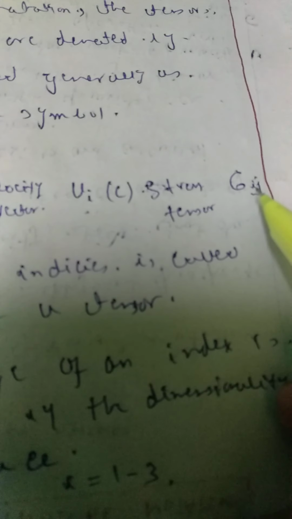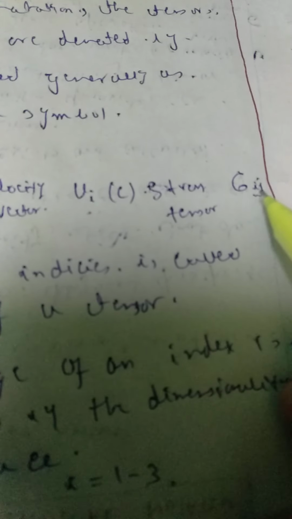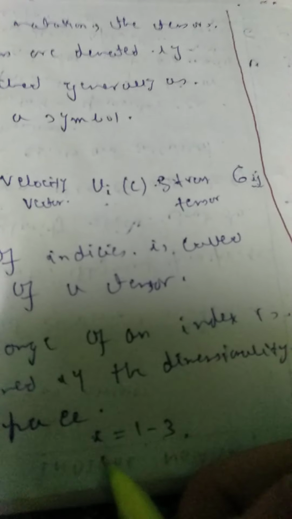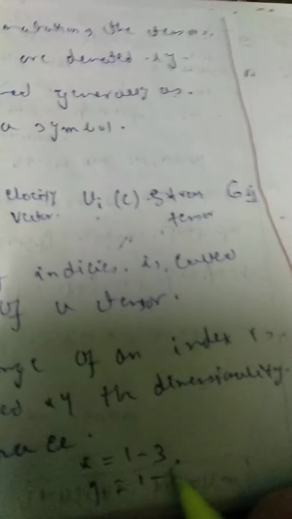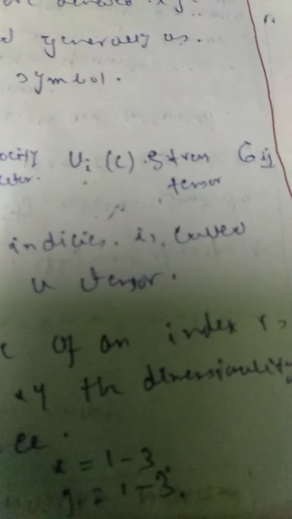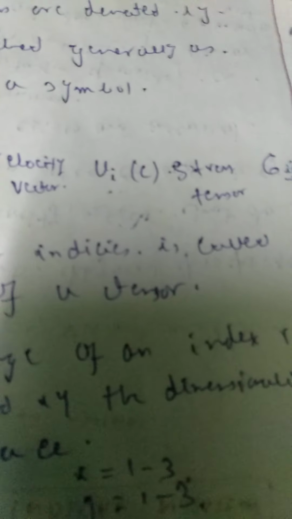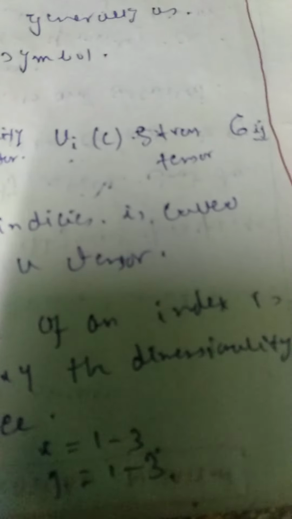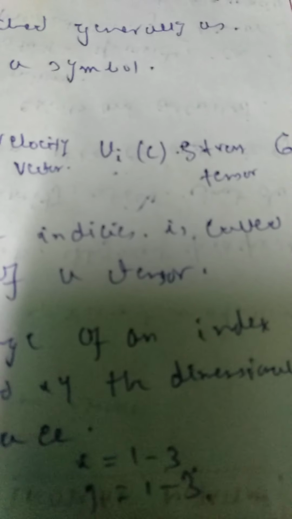And for the stress tensor, there are two indices, i and j. i will take values from 1 to 3, and j will also take values from 1 to 3. So the stress tensor in 3D will have a total of 9 components, 3 into 3, like sigma 11, sigma 12, sigma 13, sigma 21, sigma 22, and up till sigma 33. So there will be a total of 9 components.